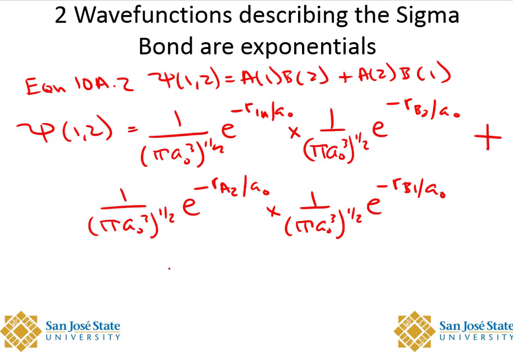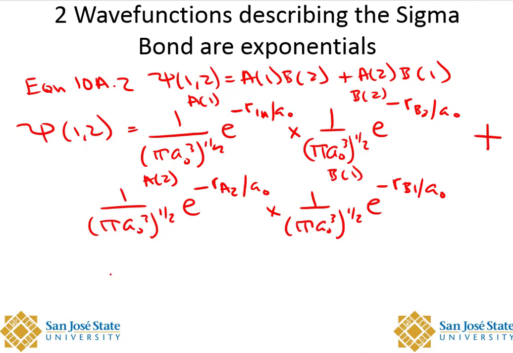And each one of these is describing, well, this is A1, this is B2, this guy is A2, and over here on the right hand side is B1. It's as simple and as elegant as that.